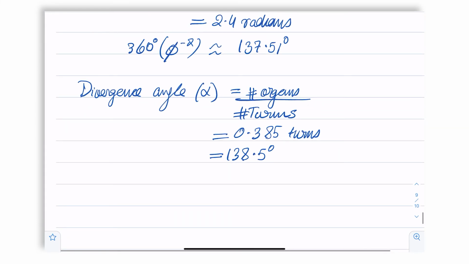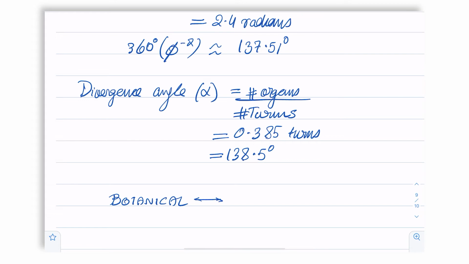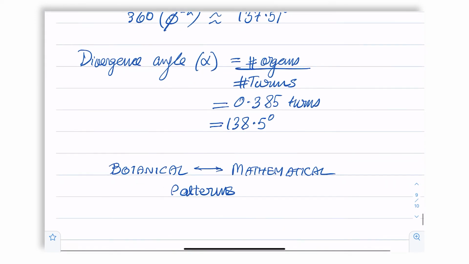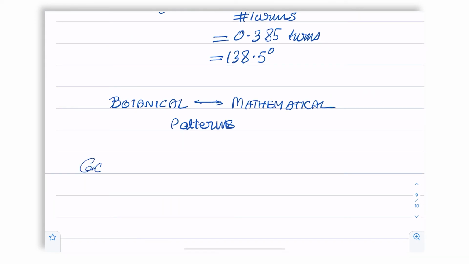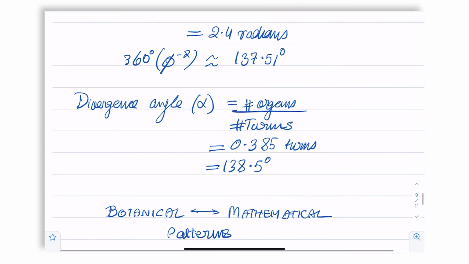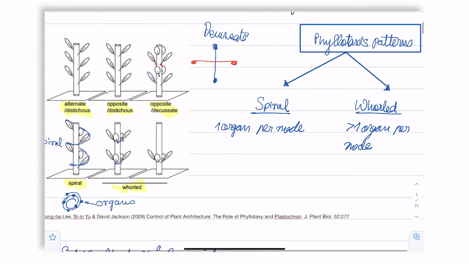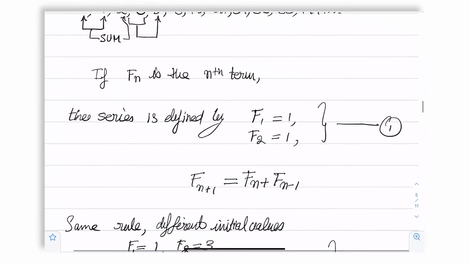So it becomes apparent that botanical and mathematical patterns are intimately related. If we follow a geometric model, which can be called a toy model, then we can answer what is the basis of this.